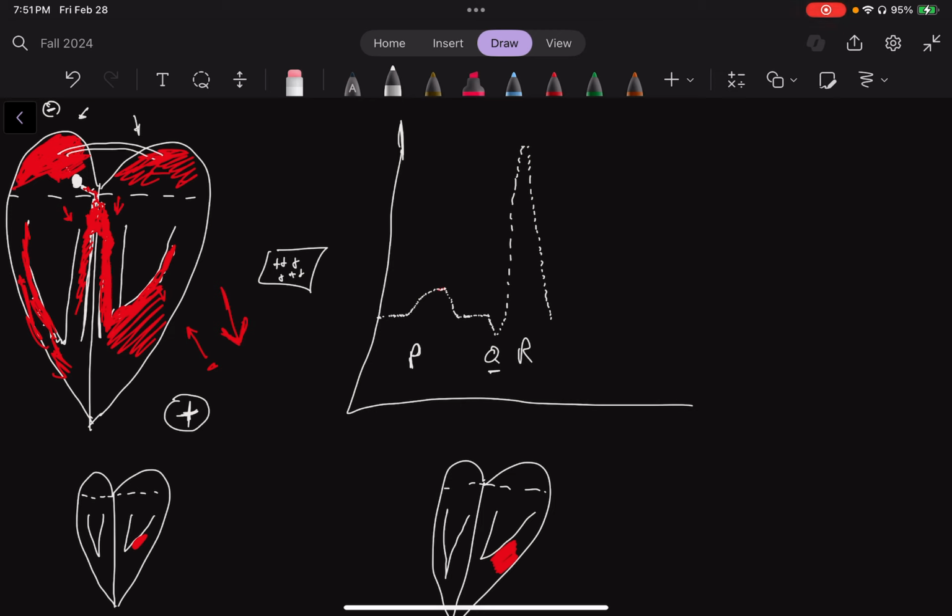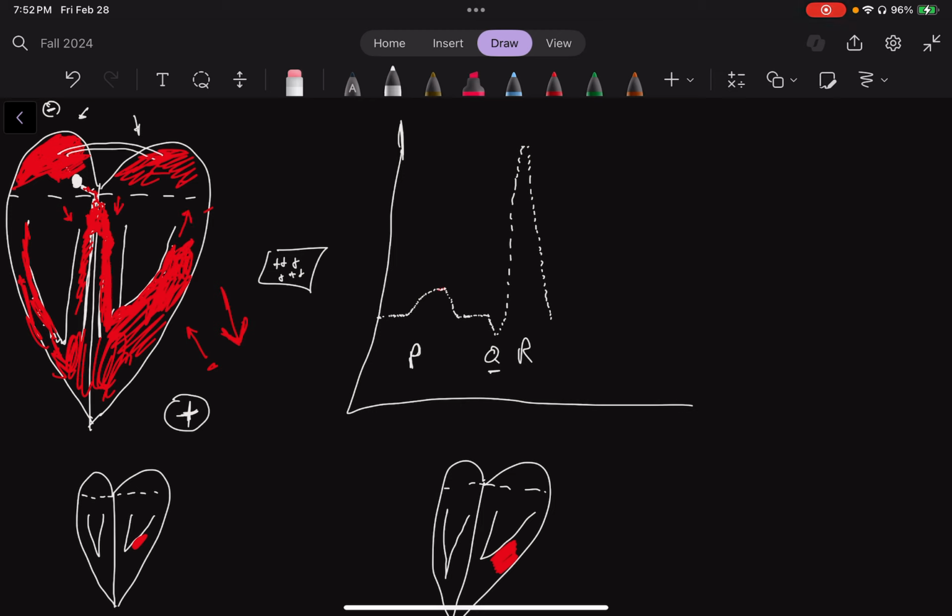Yeah, that's the R wave. Great. So then basically this entire heart is depolarized. And because the left side is thicker, what happens is the left lateral superior ventricular wall is not completely depolarized. This area right here. It takes a little bit longer because the left ventricle is so thick. So once all of these bottom parts get depolarized, then it starts to spread up like this. And that's a net direction going that way.